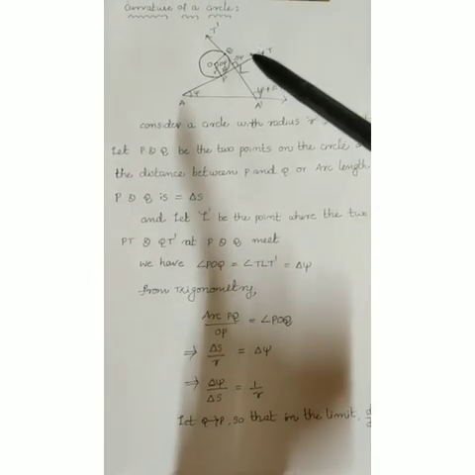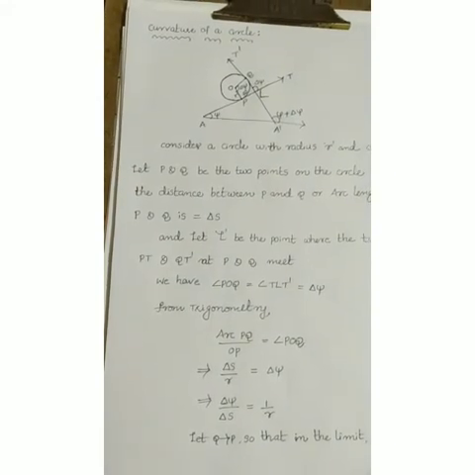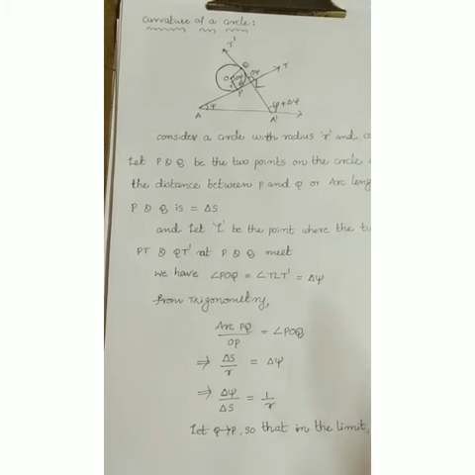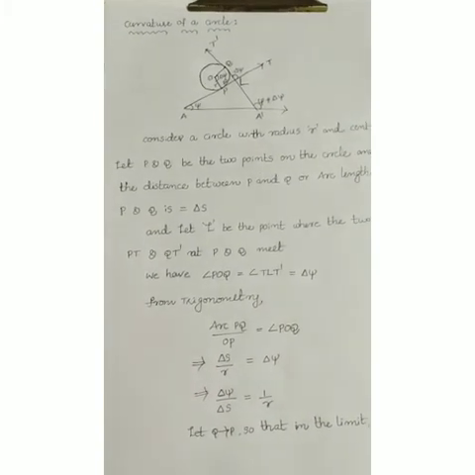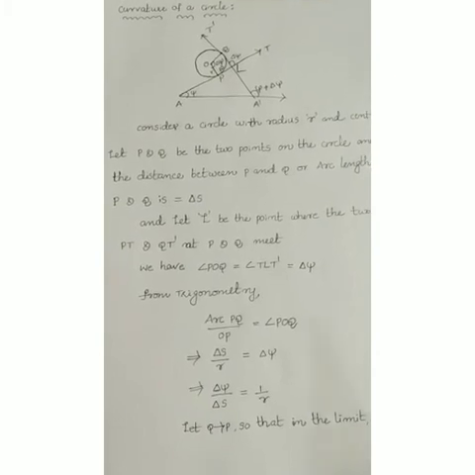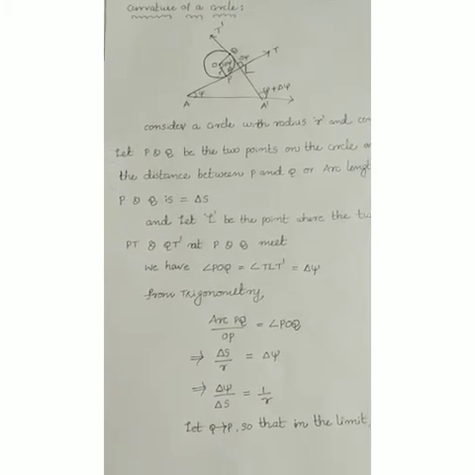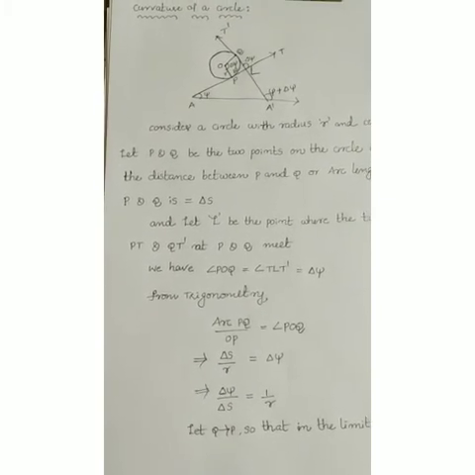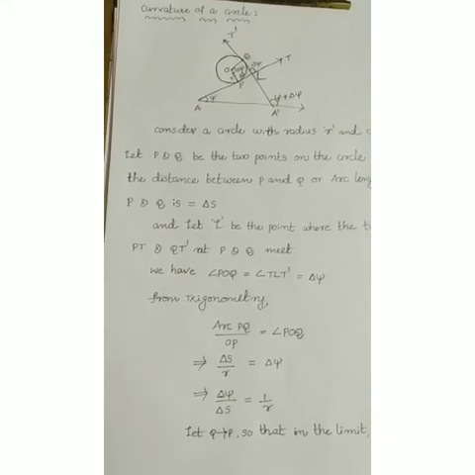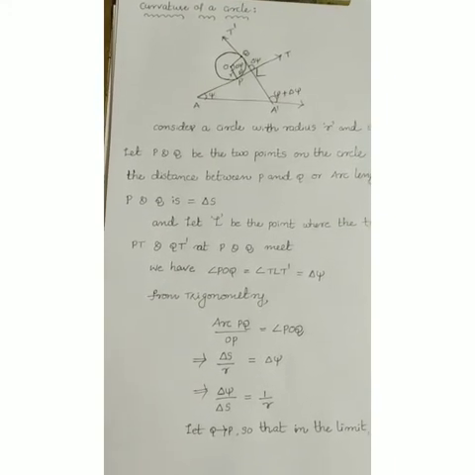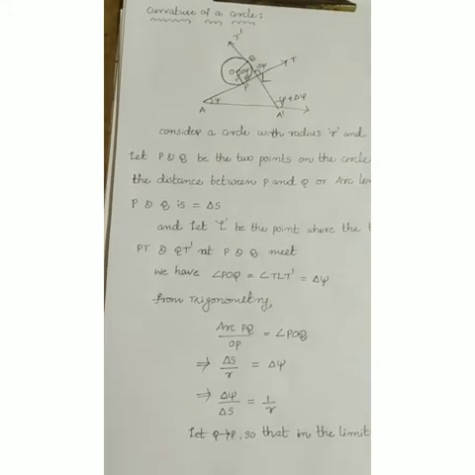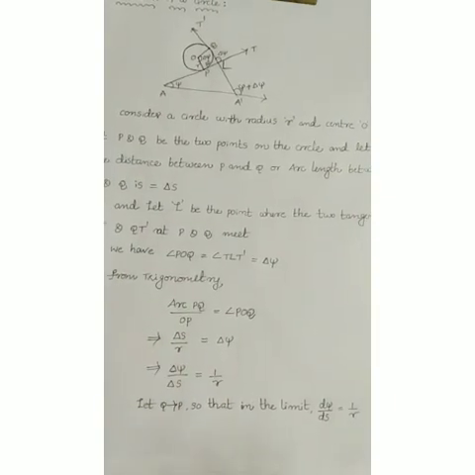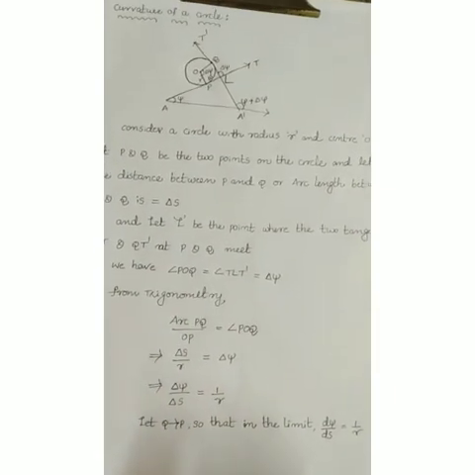In the circle, if the radius increases, then the curvature of the circle decreases. So this is the curvature of a circle, and the radius of curvature of a circle is ds by d psi, that equals R. ds by d psi is the radius of the circle.